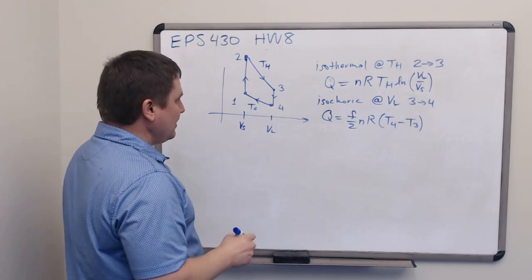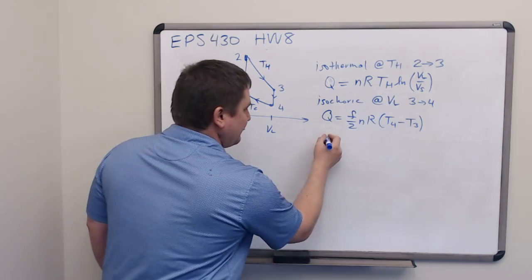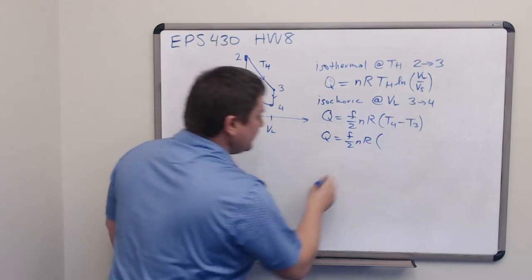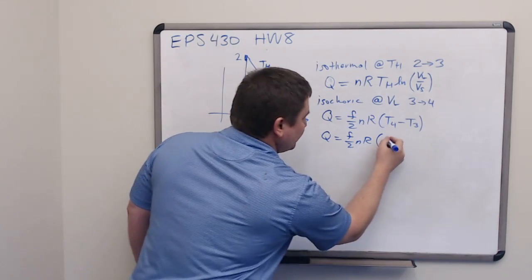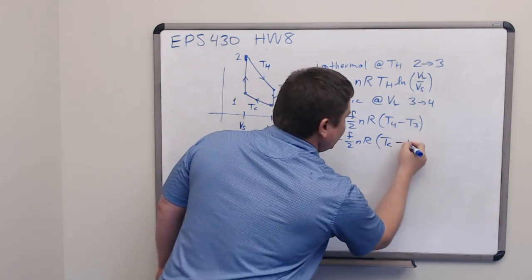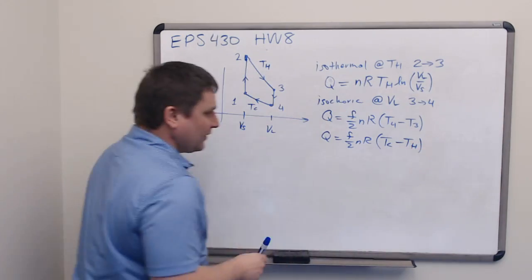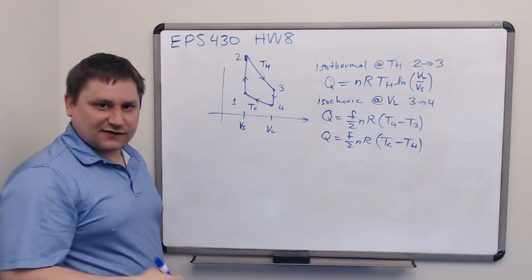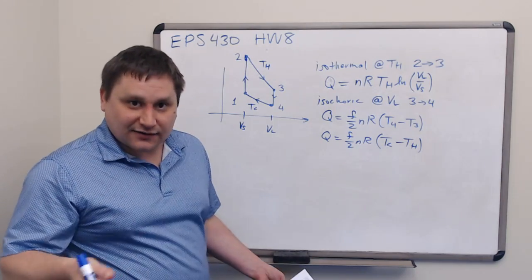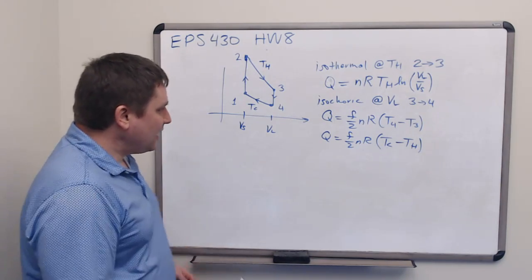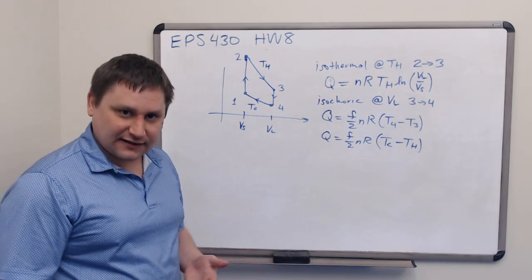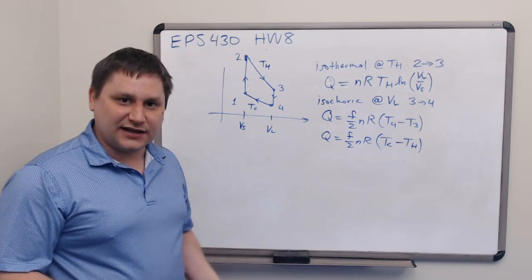Okay, now comparing this to the diagram, T4 is equal to the cold temperature reservoir TC, and T3 is equal to the hot temperature reservoir TH. So this difference in parentheses here is going to be clearly negative because TH is a hotter temperature than TC. So this Q value here for 3 to 4 will come out negative, and that signifies that that's a heat ejection instead of a heat absorption.